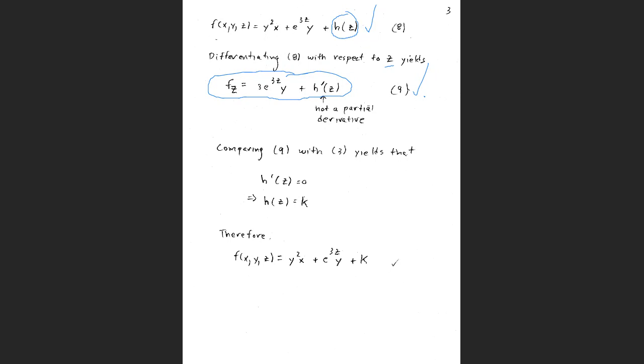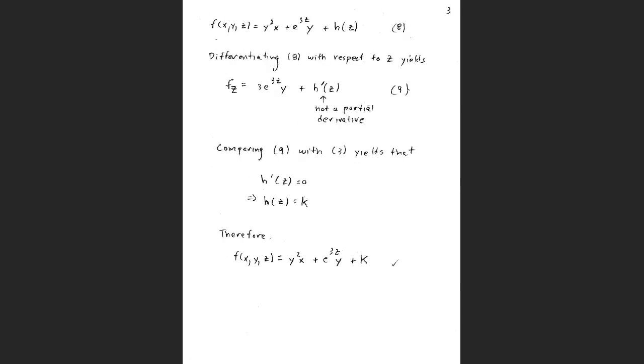Now what we're going to do is compare equation 9 with equation 3. Remember, equation 3 was this equation here. When we do so, h prime of z is going to have to equal 0, and therefore h of z would equal k.